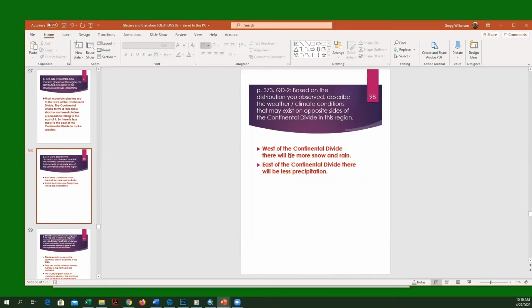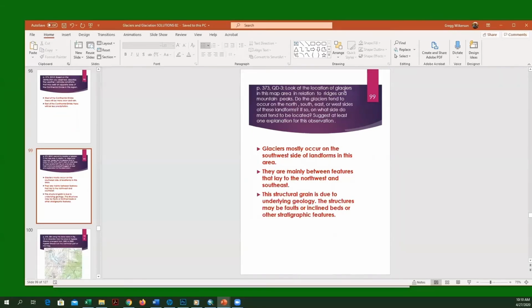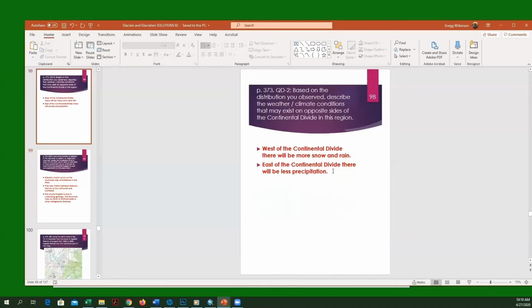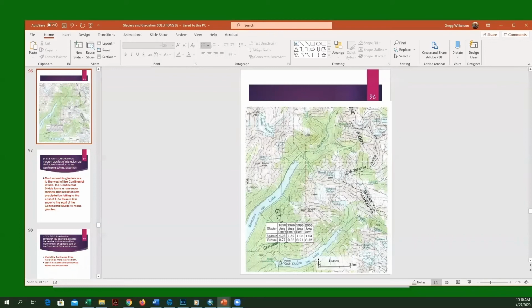D2. So down to D3. Look at the glaciers on the map area in relationship to the ridges. Do the glaciers tend to occur north, south, west, or east? And why is that? Well, if you look at this map closely, most of everything is trending here to the south.